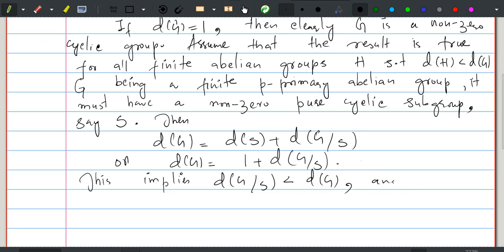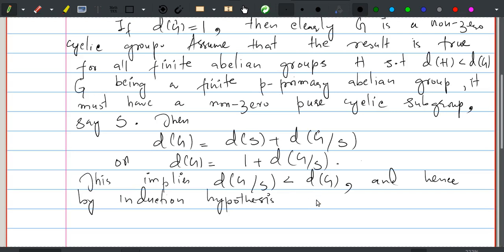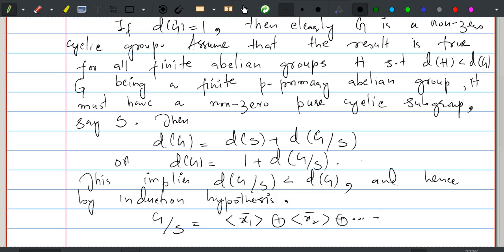And hence by induction hypothesis, G/S is a direct sum of x1 bar, direct sum x2 bar, and so on, plus xq bar.